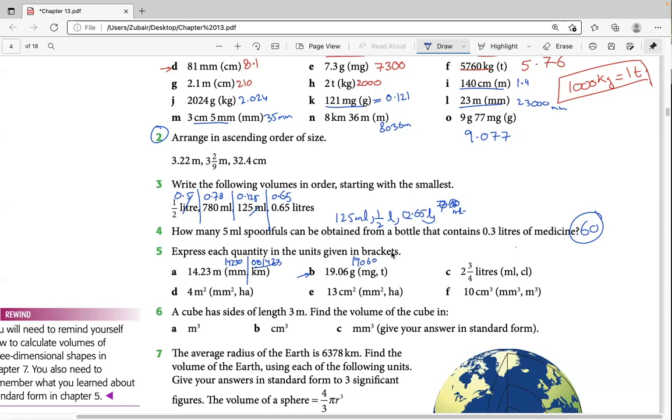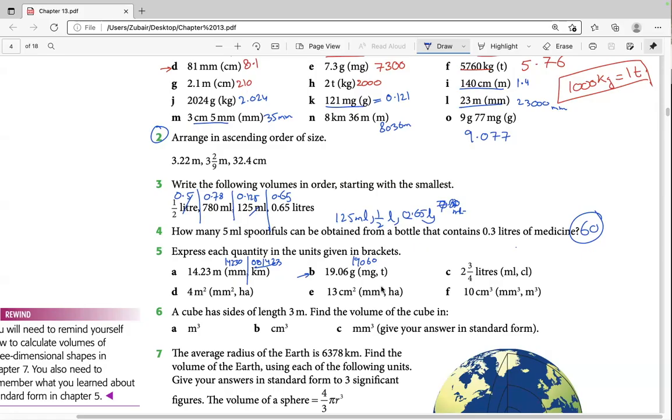Oh yes, 19,060. Sometimes it is actually easier to write than speak. So 19,060 and tons.